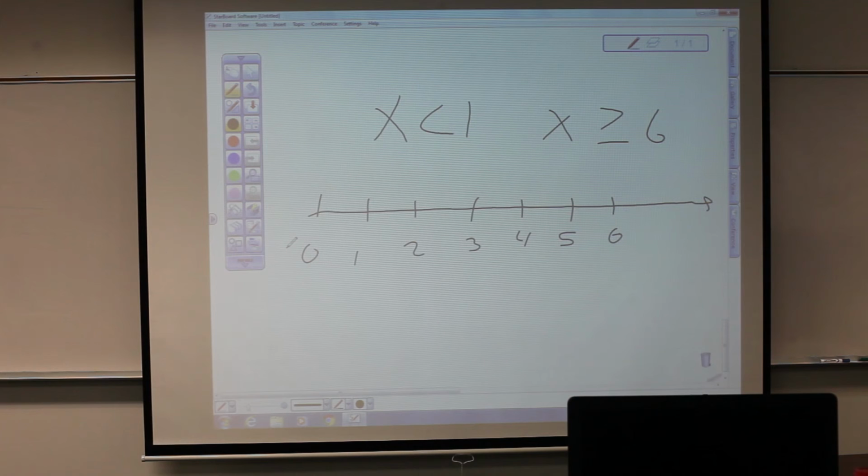Now, x is less than 1. What does that look like? Circle on 1. Which way am I going then? Left. Why am I going left? Because it's less than, so you're going to the negatives. Or how I was always taught it, the alligator eats the bigger thing. So now x is greater than or equal to 6. Am I going to have a circle or a dot? Dot. And then going right.